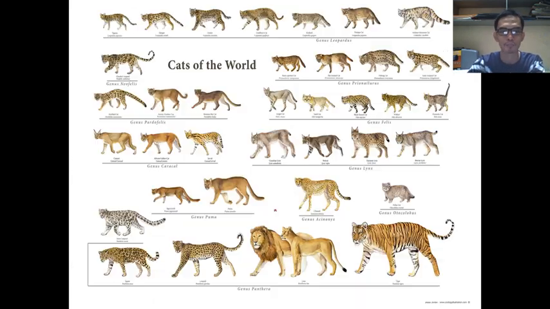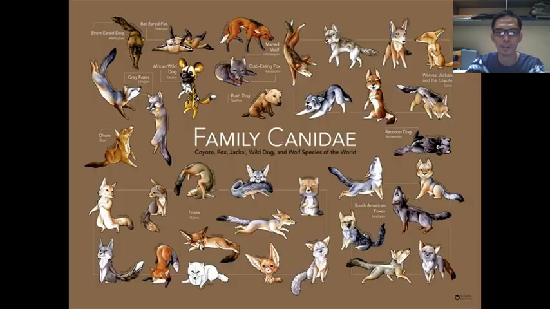All right, next one. Cats. Cats are many, and they are distributed all throughout this planet. Again, this is a product of adaptive radiation. Next one. Not only cats, but dogs as well. A product of adaptive radiation.